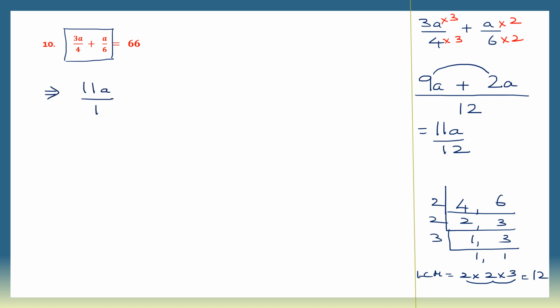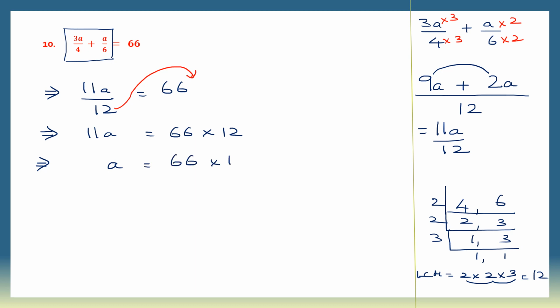So here let's write it down. 11a by 12 equals 66. So to find the value of 11a, we say 66 into 12, because we have transposed this 12, which is division, to the right hand side. So now we can find the value of a. We say a is equal to 66 into 12 divided by 11.